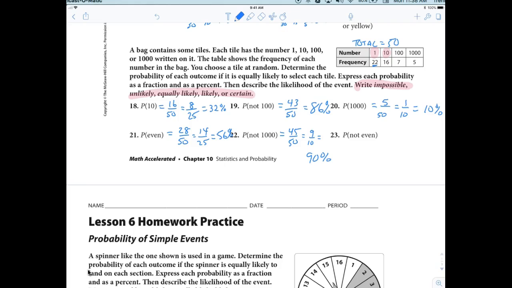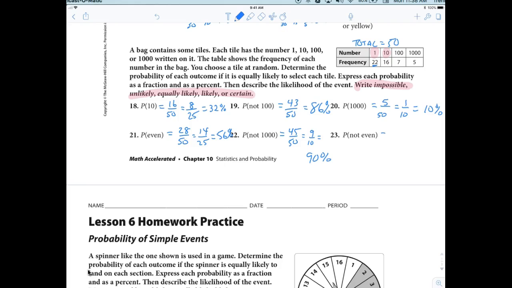What's the probability that you are not even? Colin, did you do a problem yet? I don't think you did. To not be even, 1 over 50. No. The number 1. Oh, you're right. The number 1 is not even. But how many times does that occur? 22 times out of 50.